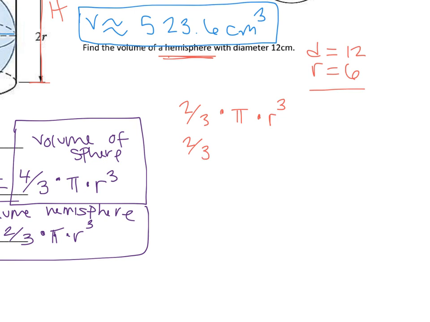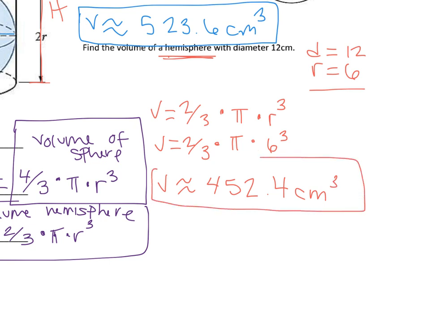So 2/3 times pi times 6 to the third will give us the volume. Since pi is involved, I'll have to round, so that'll be about 452. It says 0.38, so I'd round that to 4. And this is centimeters cubed, and that was for the hemisphere.